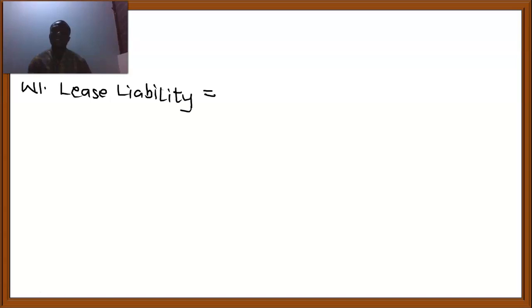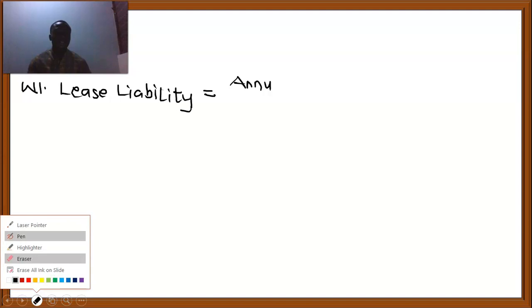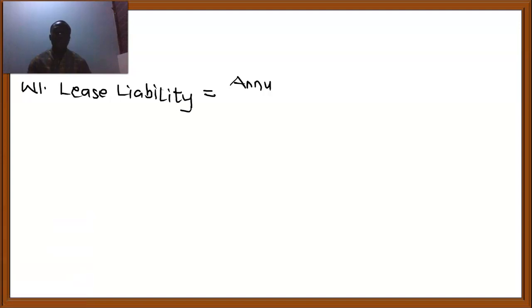So we find that by multiplying the annual lease payments by the annuity factor.